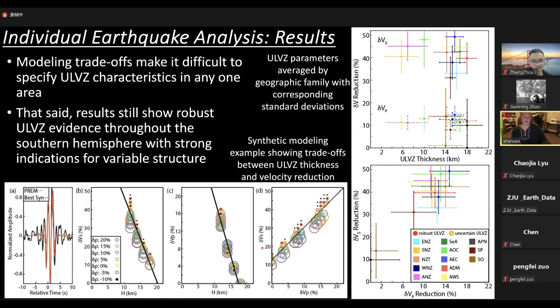So these trade-offs between thickness and velocity can make it tricky to pinpoint the specific ULVZ characteristics in any one location. But again, I would like to point out that we are showing evidence that there is ULVZ structure beneath the southern hemisphere with some indication of variability in that structure from one location to another.